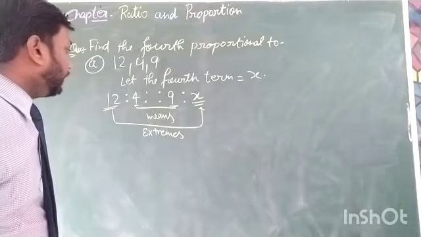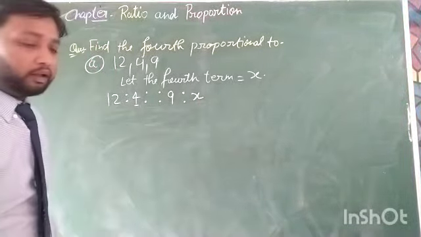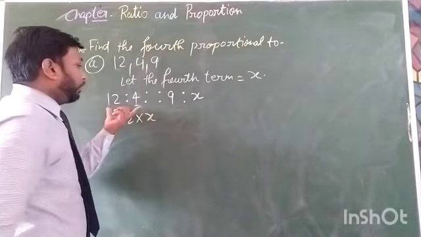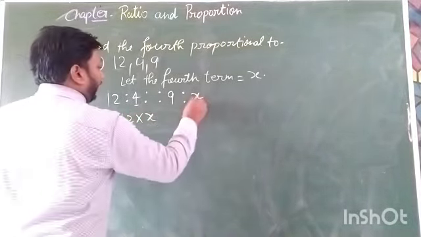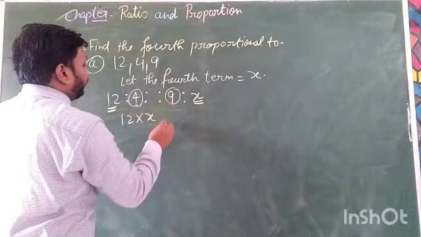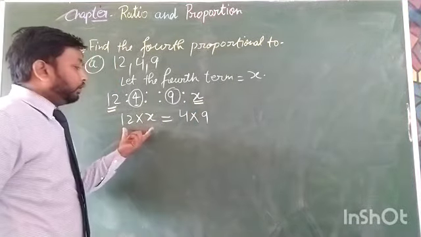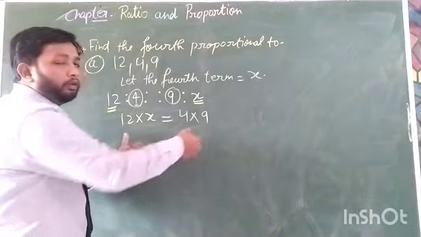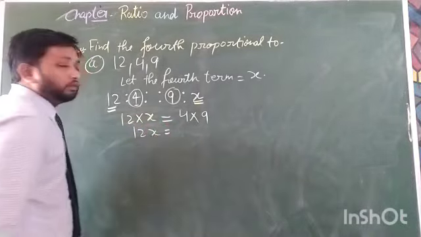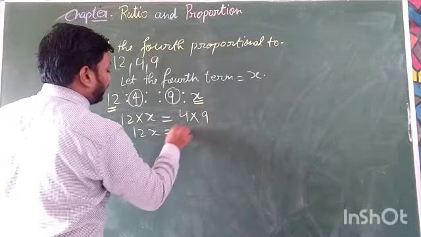So here we write 12 into x, that is the product of extremes, x into 12, and the product of means, that is 4 into 9, must be equal. Now if we solve it, this becomes a linear equation, and we know how to solve a linear equation. 4 nines are 36.